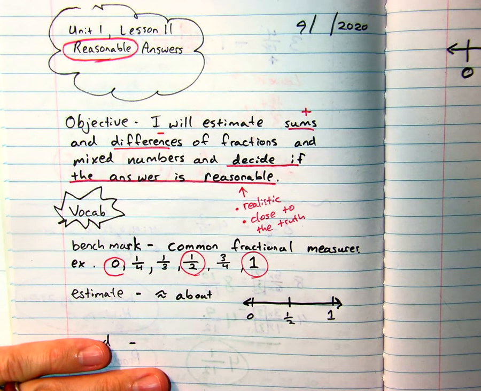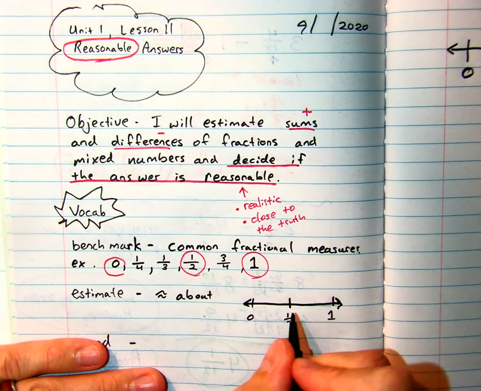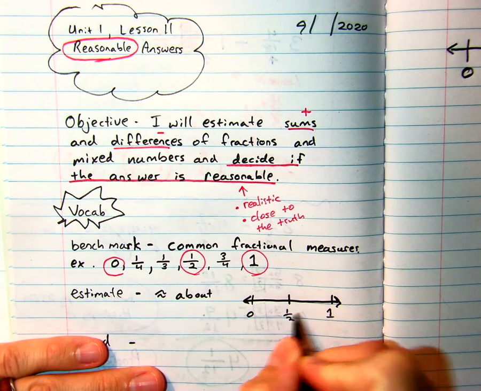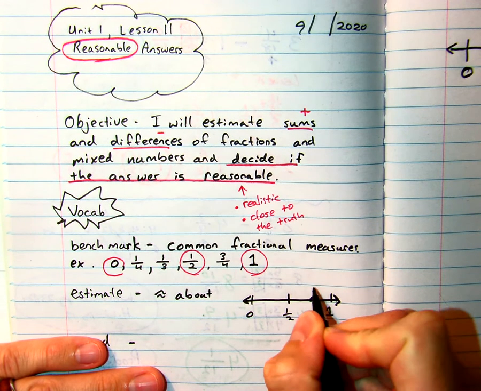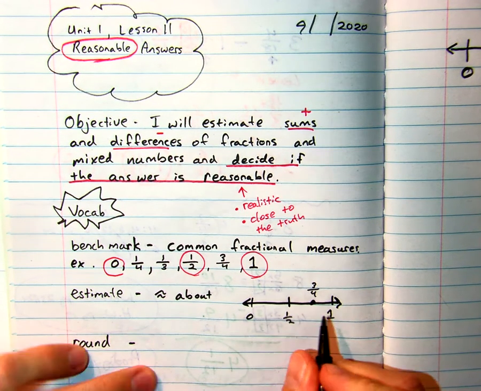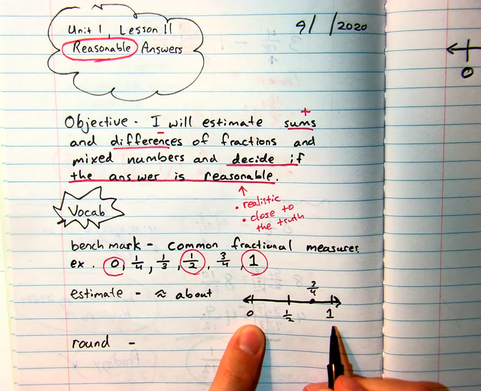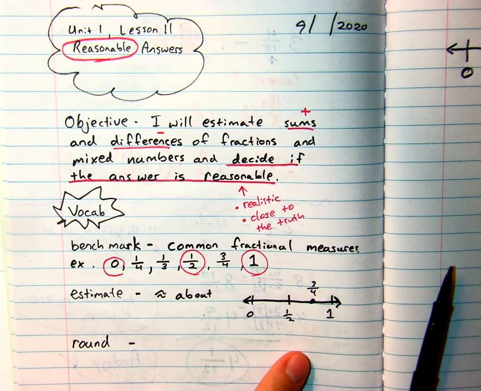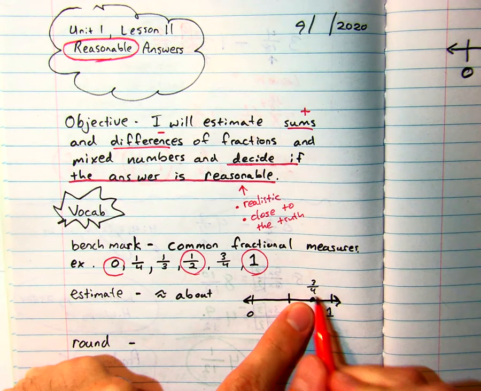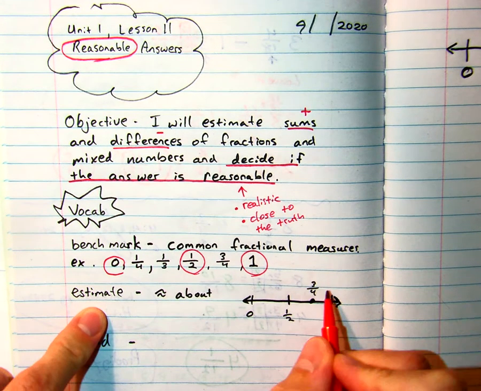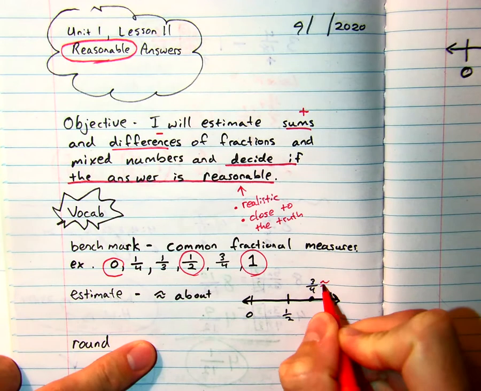I could say 3/4. Where would 3/4 go? It's between a half and a whole. So I could say 3/4 is here. Is it closer to 0 or closer to 1? I would say closer to 1. So I could look at a fraction with 3/4 and say it's about 1 whole. I could estimate and say 3/4 is about 1.